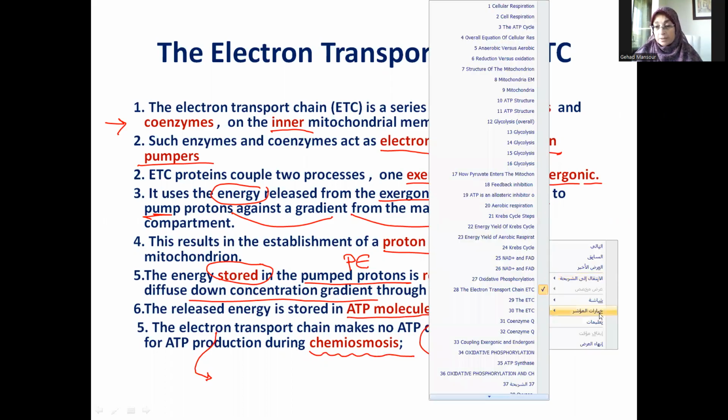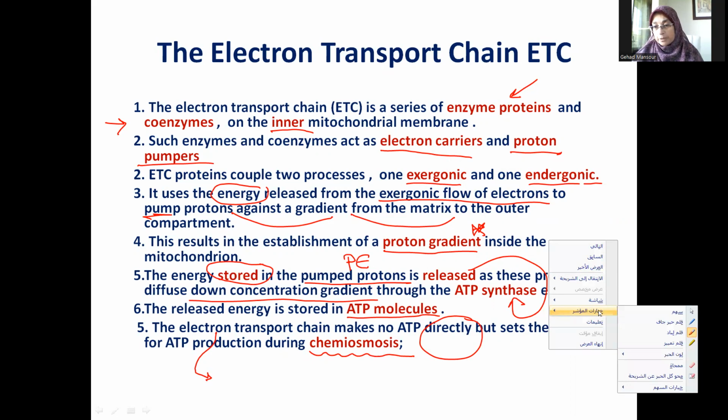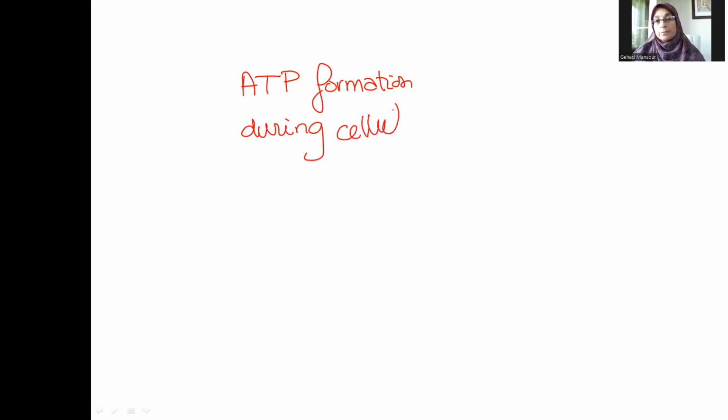So we have several steps of formation of ATP. So here, on this screen, we're going to summarize the ATP formation during cellular respiration.